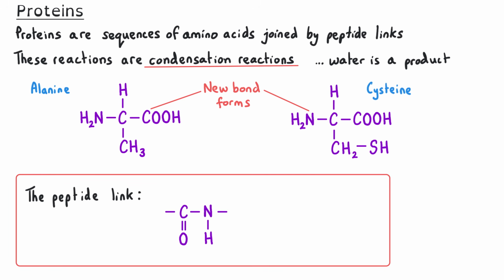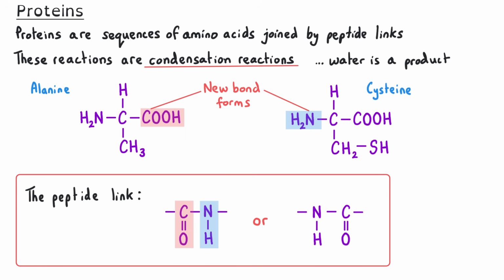This forms what is known as a peptide link, and these have a carbonyl group adjacent to an NH group, and they can be shown in either order like I'm showing here, and the way that you would choose to show it in an exam is likely to be dictated by which way around the amino acids were given to you that you had to work out how they bonded together to form this peptide link.